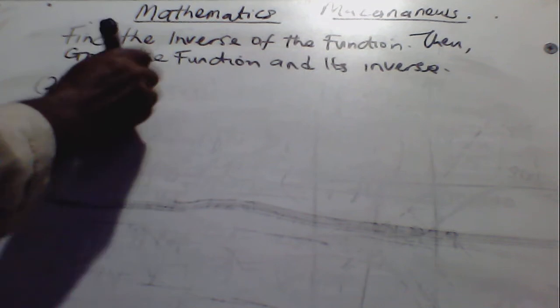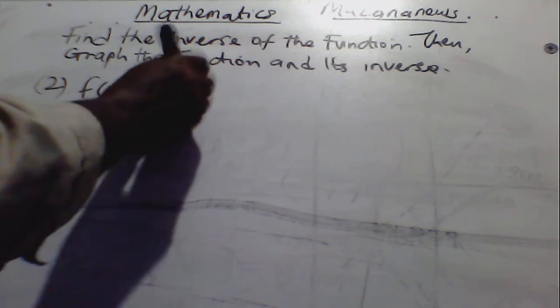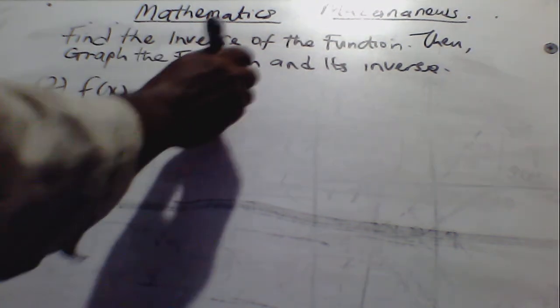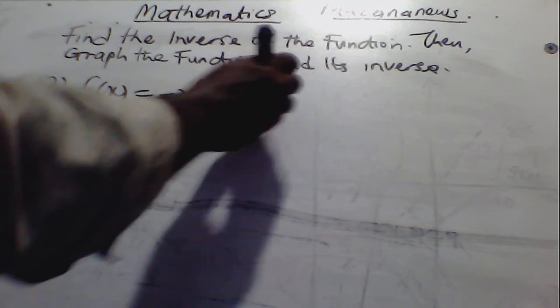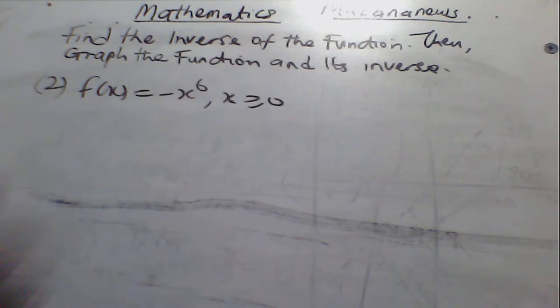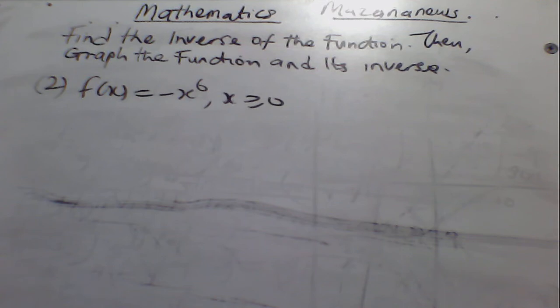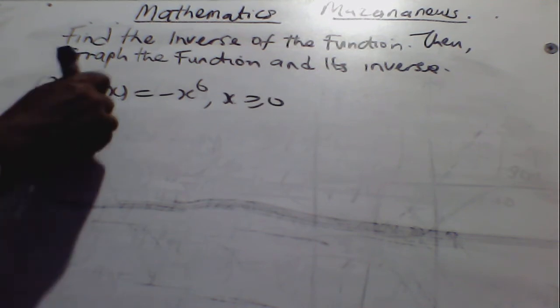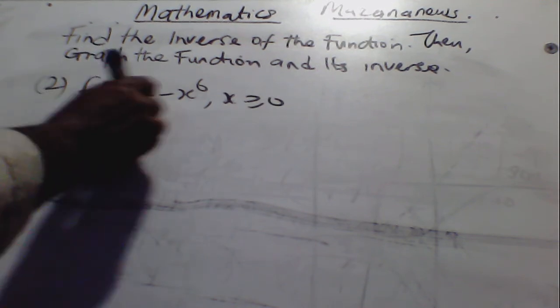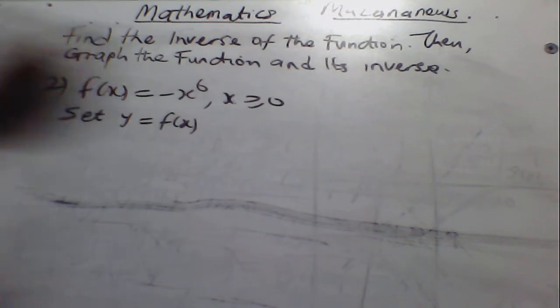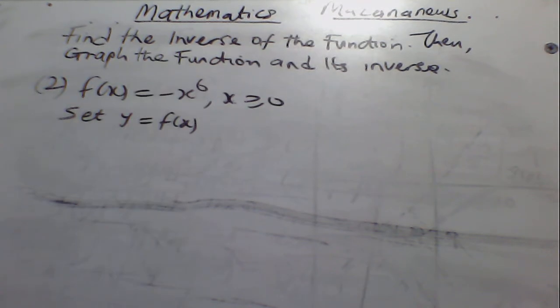So the second example is f of x is equals to minus x raised to power 6. This has a condition: x is greater than or equal to 0. So set y equals to f of x.